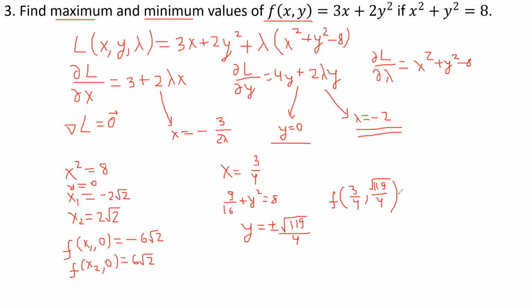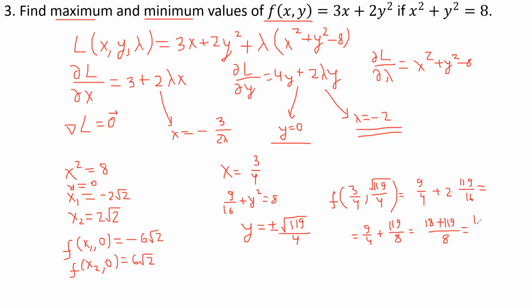So f of 3/4 and square root of that will be 9 over 4 plus 2 times 119 over 16. So 9 over 4 plus 119 over 8. 18 plus 119 over 8.